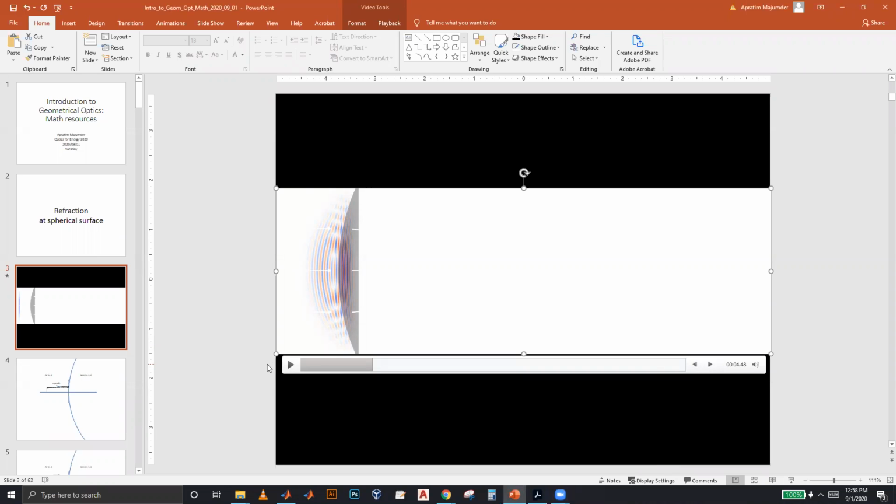Okay, thanks. So now going back to this animation. If I advance the animation again, see what happens to these rays of light when they interact with the spherical surface. They basically bend inward. Here you can see the light ray which was going through exactly the center of the lens.